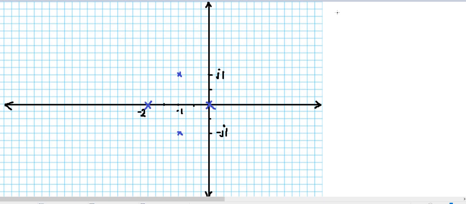Today we are going to discuss another problem on root locus.